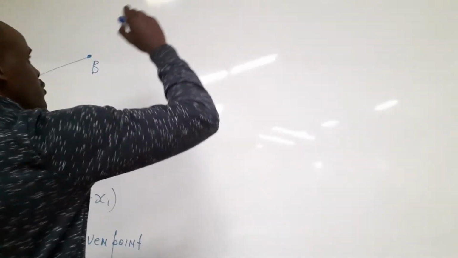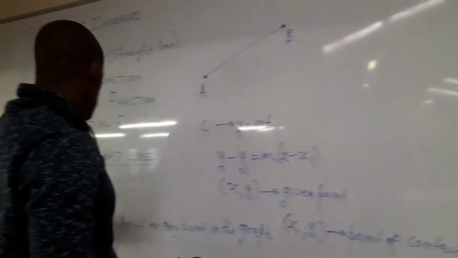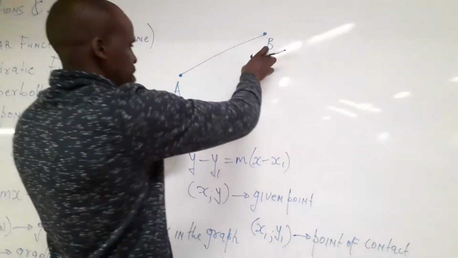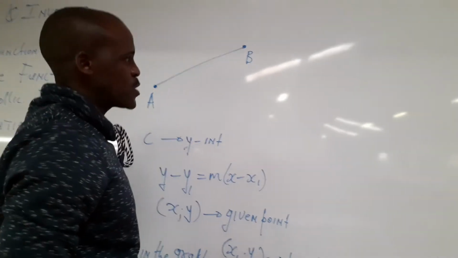Let's say you have this equation. It's simple. For a straight line you just need 2 points, and then you join them.